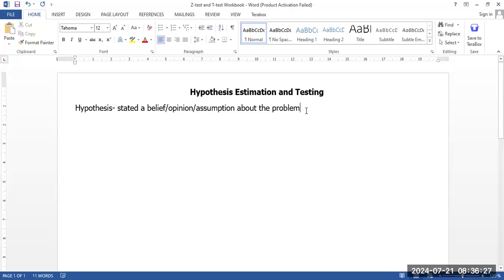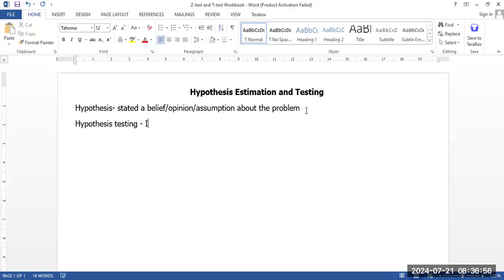Then hypothesis testing. We said that this is a process you're going to follow to confirm your stated opinion or stated belief about the problem.